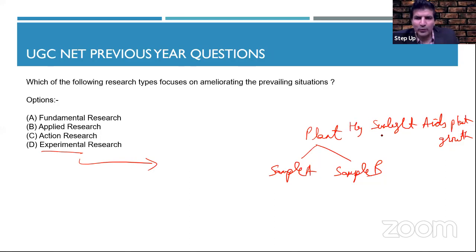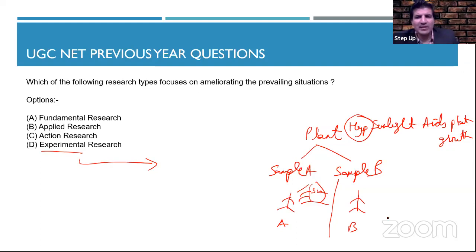All right, now I want to prove this. So let's say I have this sample and I have this sample as well. I will treat them in such a way that sample A will be exposed to sunlight and sample B is not exposed to sunlight, while all the other variables I am controlling.